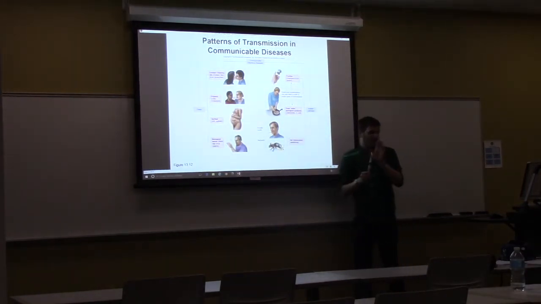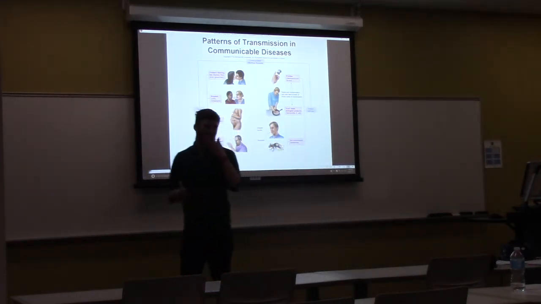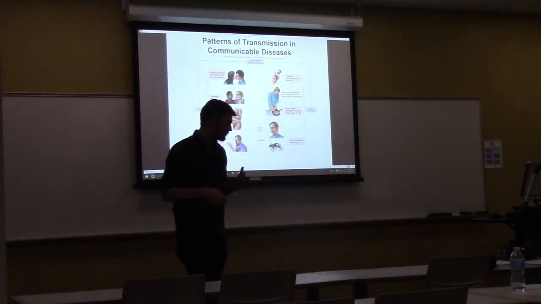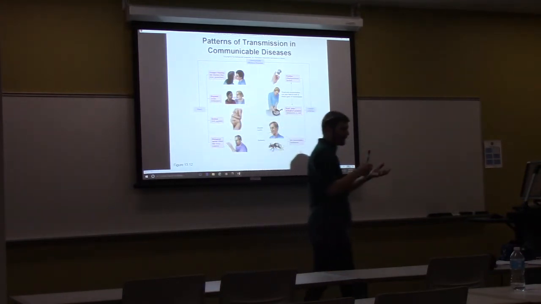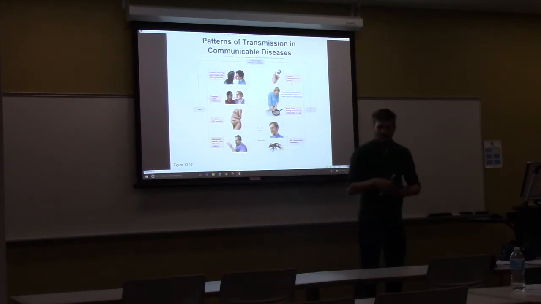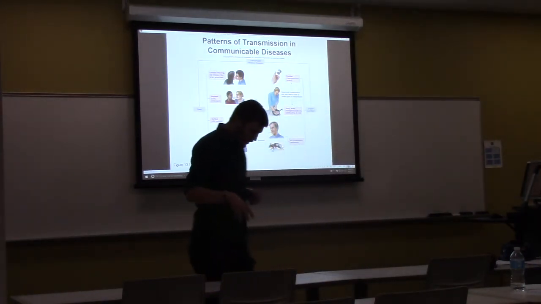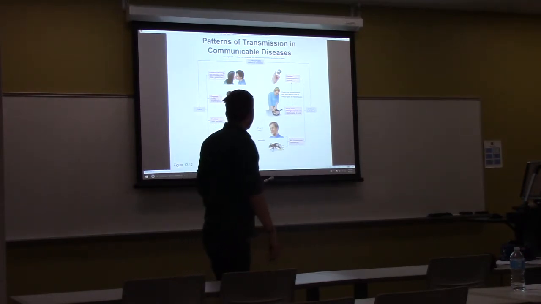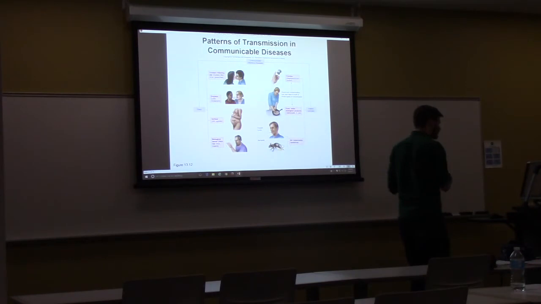Direct requires close interaction, so physical contact or being within about a foot of the person. Indirect, on the other hand, requires some sort of inanimate object or a non-living reservoir that the pathogen can hang out on for a period of time before it is then transmitted to another individual.